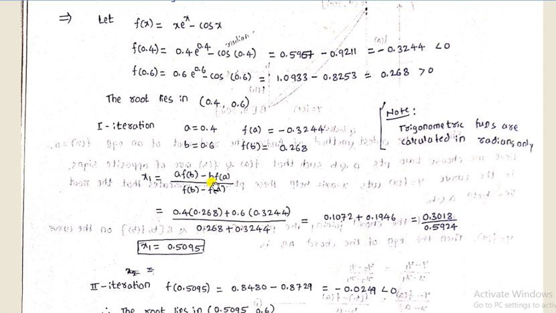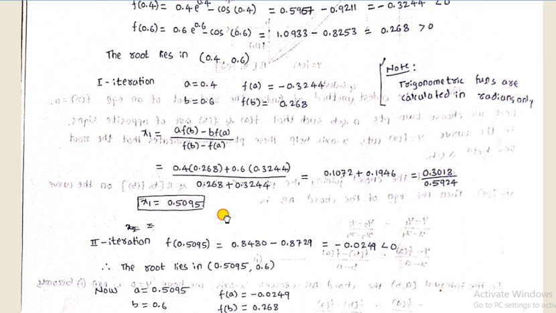So substitute all these terms in this formula. And one more thing, the function containing cos x means it is a trigonometric function. So before calculating you have to set your calculator in radian mode, then calculate the x1 value. So which gives 0.5095, which is the first approximation, and 0.5095 lies in between 0.4 and 0.6.